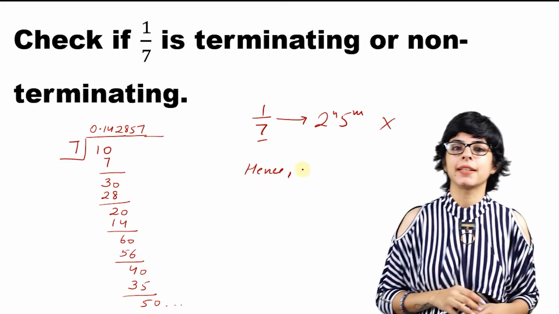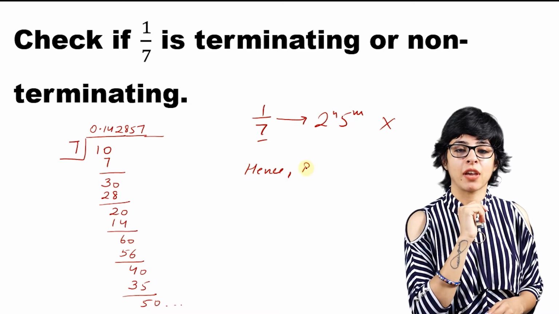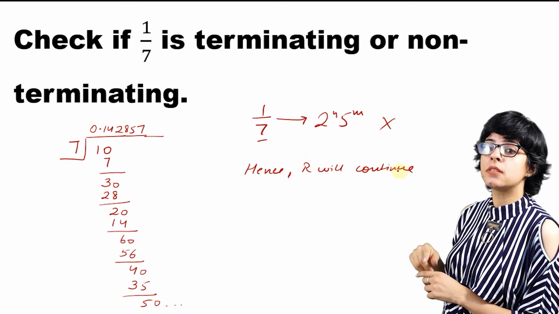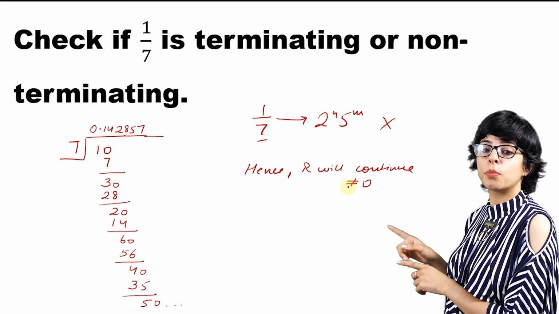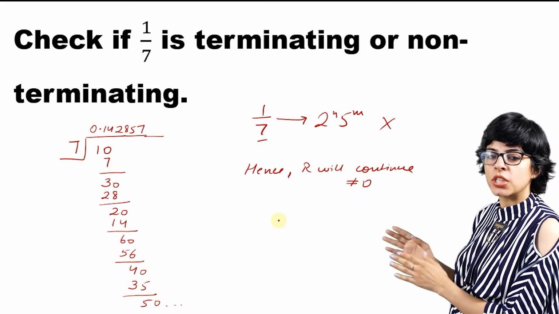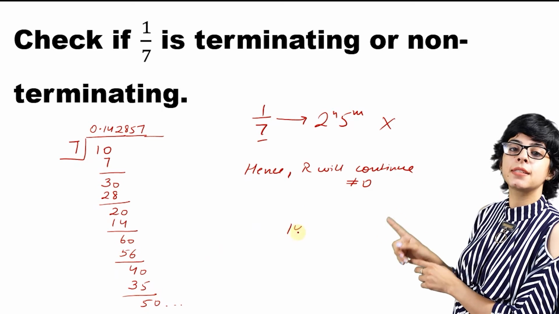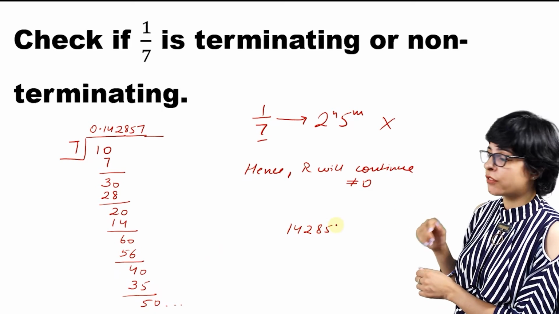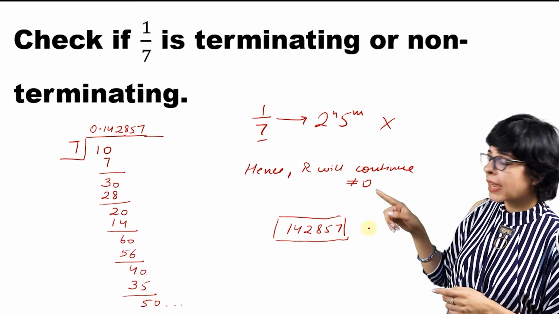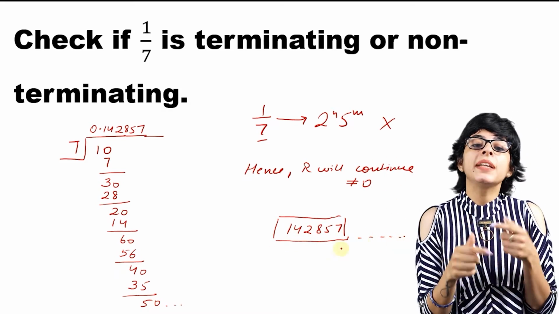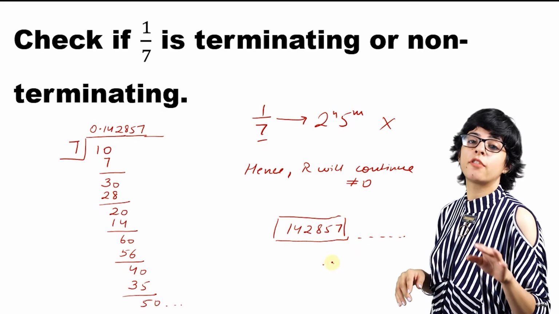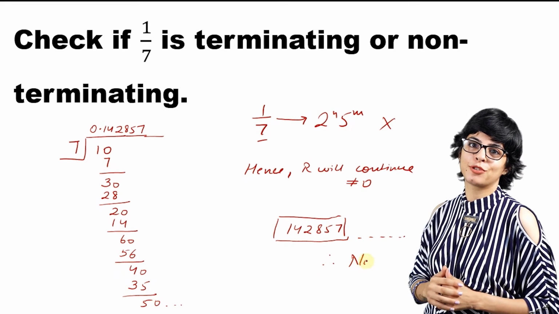Hence, as you can see in the division also, 0 is not showing up as a remainder, and the remainders start repeating after a certain stage. As you can see, after 3 it has started repeating starting from 7. So we have a block of digits, namely 1, 4, 2, 8, 5, 7, which is repeating in the quotient of 1 upon 7. Such fractions will never have a terminating decimal expansion.